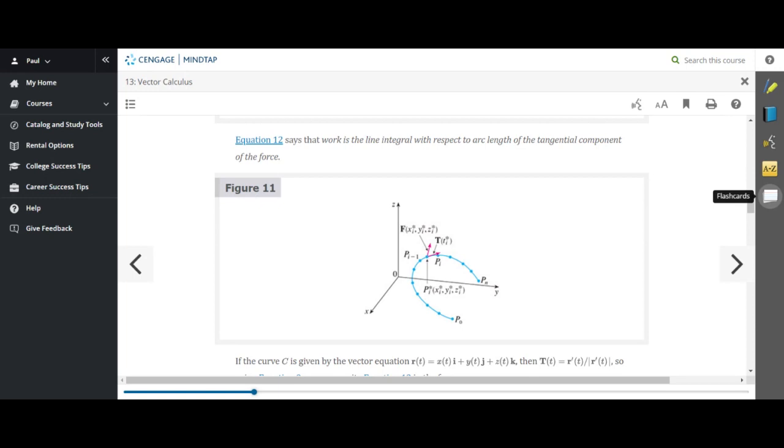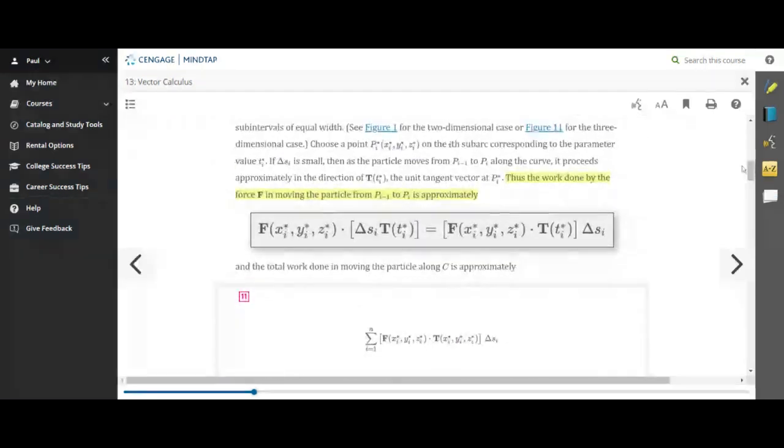Obviously, if you sample more points along the space curve, then the tangent vector scaled by the arc length would be very accurate. The work done by the force field F in moving the particle from P sub I minus 1 to P sub I is approximately equal to that dot product.